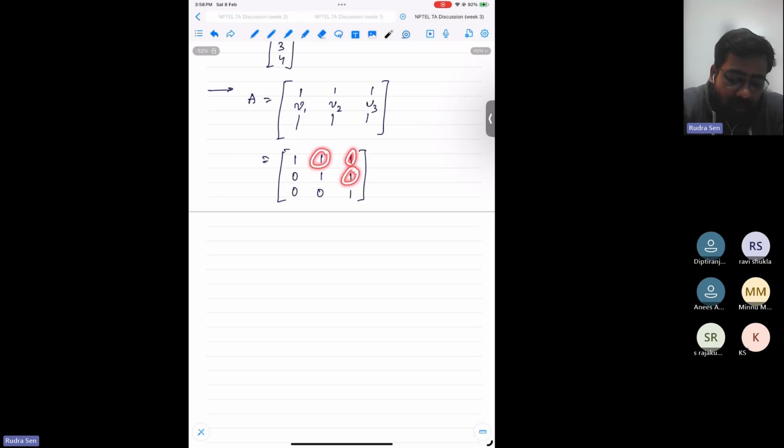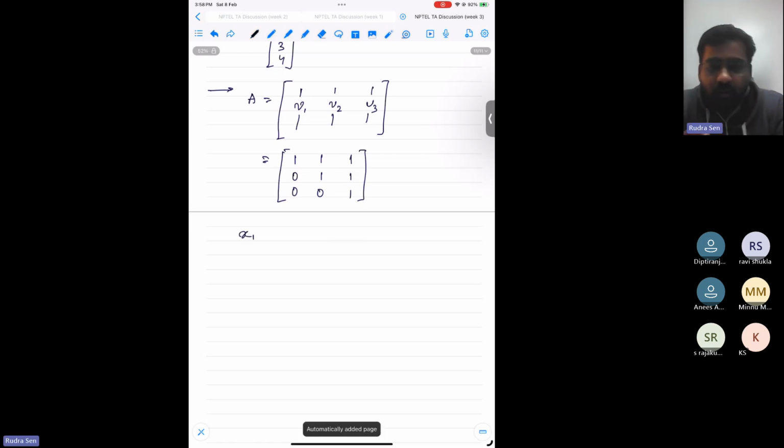So you have to make these three terms 0, and then the reduced row echelon form would become the identity matrix.